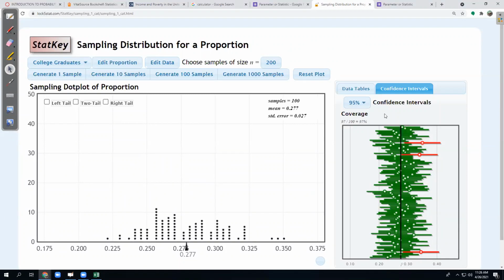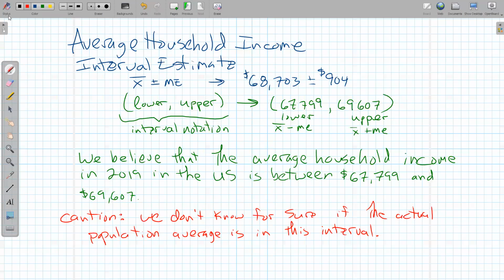In this case, 95% of samples are expected to actually overlap the population, but 5% are going to miss. When we do a sample, we never know whether ours is one of the green ones or whether we have a red one we missed. We don't know that. In this one right here, they claim this is a 90% confidence interval.